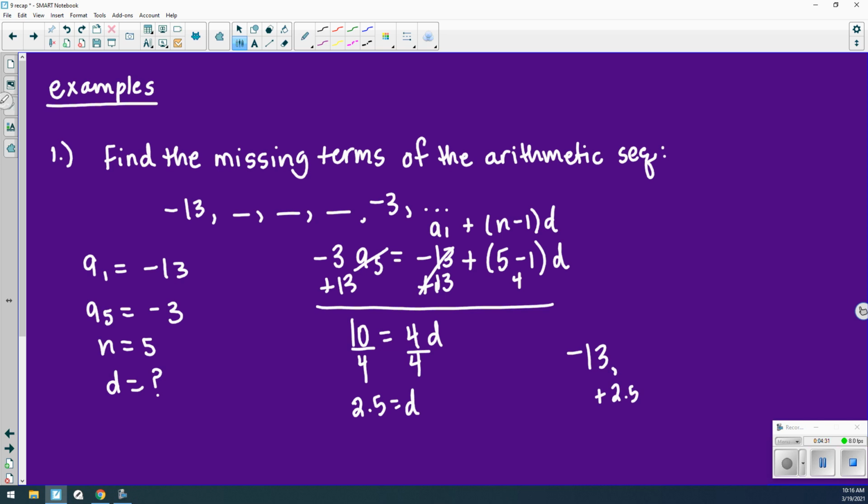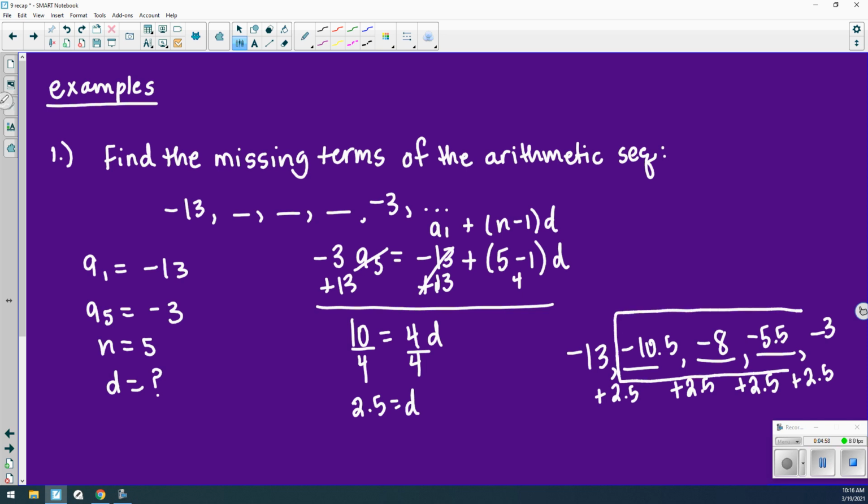So next in line after the -13 would be -10.5. Add 2.5, and that's going to take me to -8. Add 2.5, and that takes me to -5.5, and then -3 was given. But for sure, -5.5 plus 2.5 takes me to -3. So indeed, I found the missing terms of my sequence because it all lines up nicely.